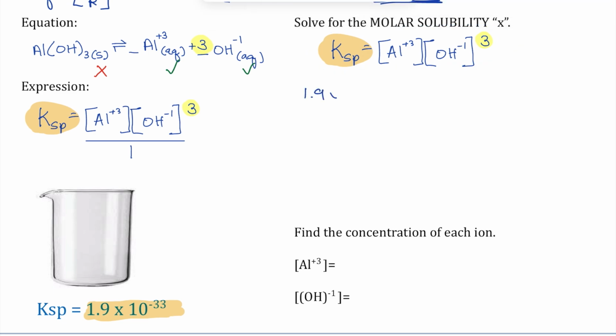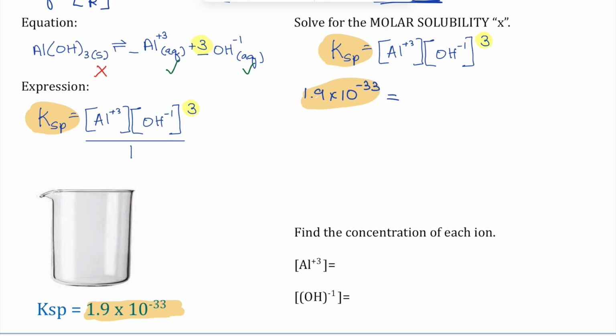So we have that the Ksp value for this is 1.9 times 10 to the negative 33. And then I need to look at how do I solve an equation if I have 2 variables?